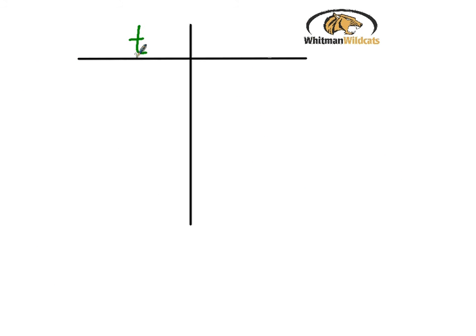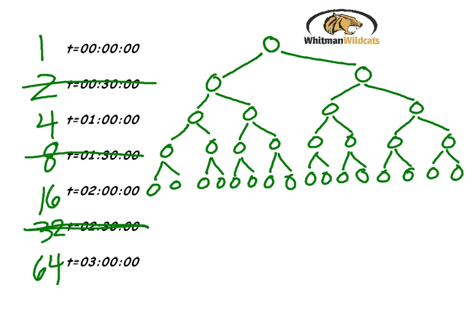Over here, T, time, that's our number of hours. On the right, A, the number of amoebas. At time equals 0, we have ourselves one amoeba. And after 1 hour, we'll jump all the way up to 4.